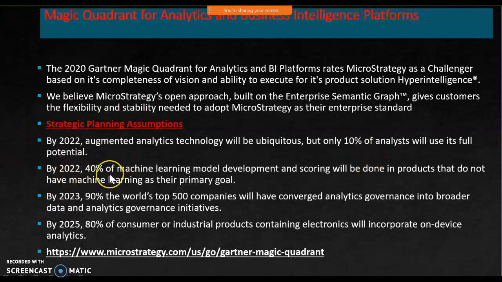By 2020, 40% of machine learning model development and scoring will be done in products that do not have machine learning as their primary goal by 2023. So this is the planning assumption, from the Magic Quadrant reports. I have the Gartner Magic Quadrant link and URL here, so you can go through this and read it by yourself.